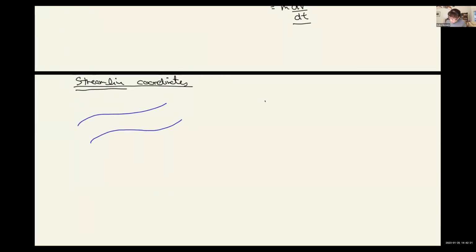And a streamline is defined as a line everywhere tangent to the local velocity vector. So if I look at this point here, then the velocity may be in that direction, and you can see the local streamline here is tangent to the velocity.